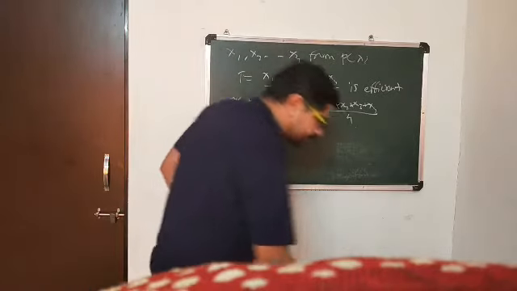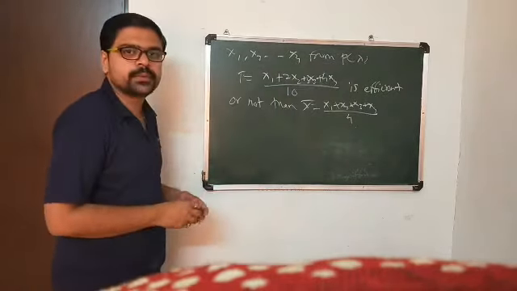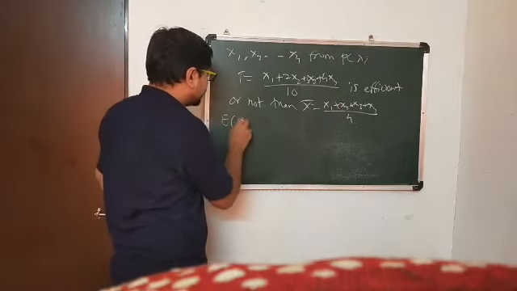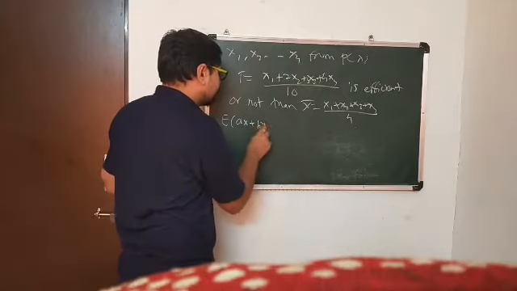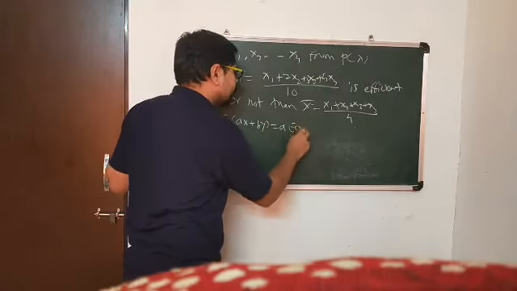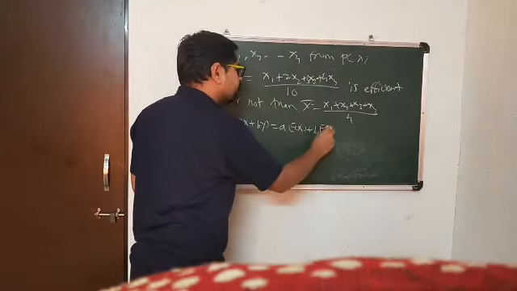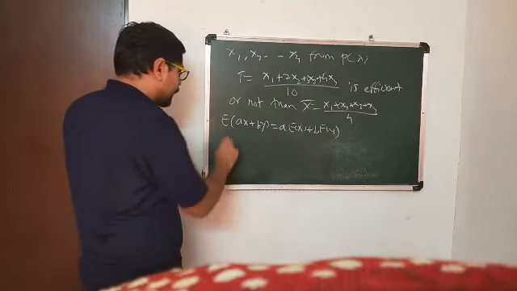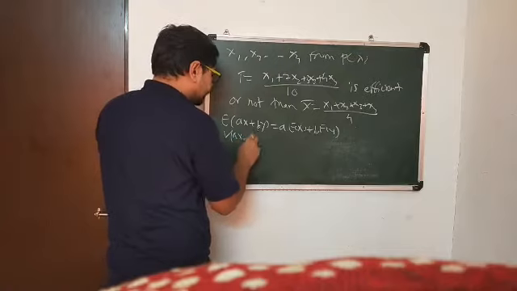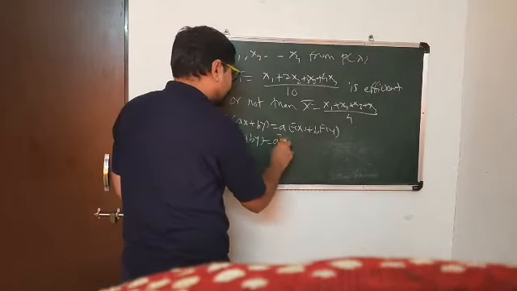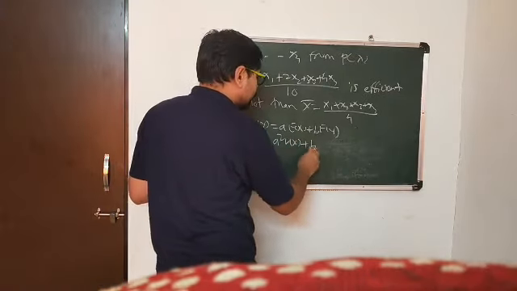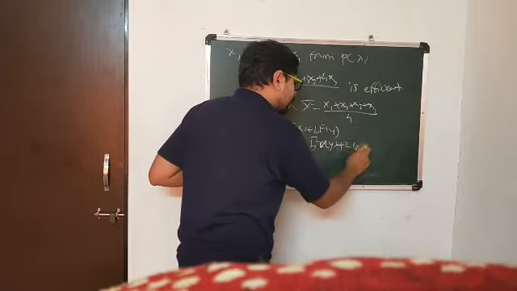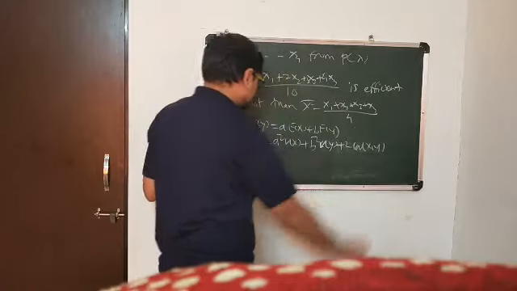To solve such examples, we have to know some basic results of variance and expectation. Expected value of ax plus by is equal to a into expected value of x plus b into expected value of y, where a and b are constant real numbers. And variance of ax plus by is equal to a square into variance of x plus b square into variance of y plus 2ab times covariance of x and y.